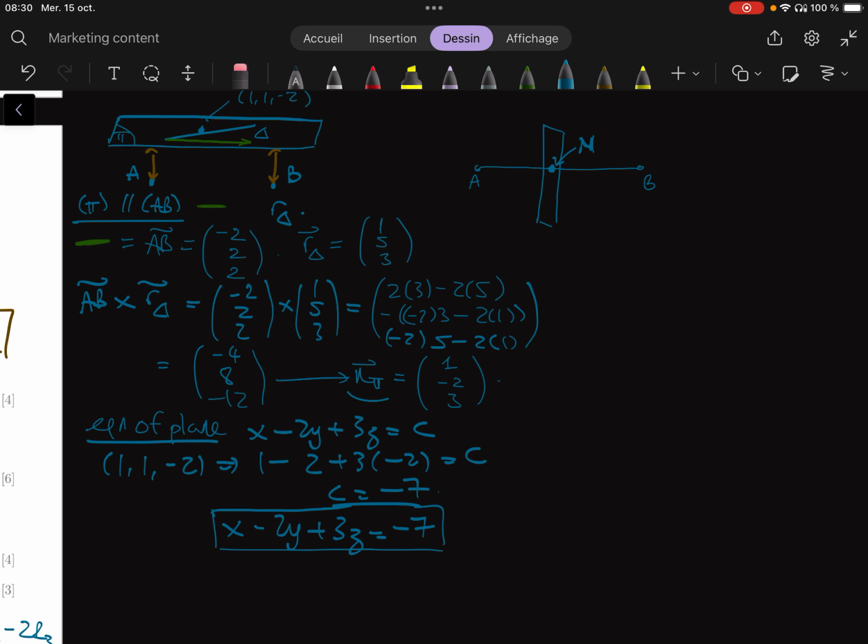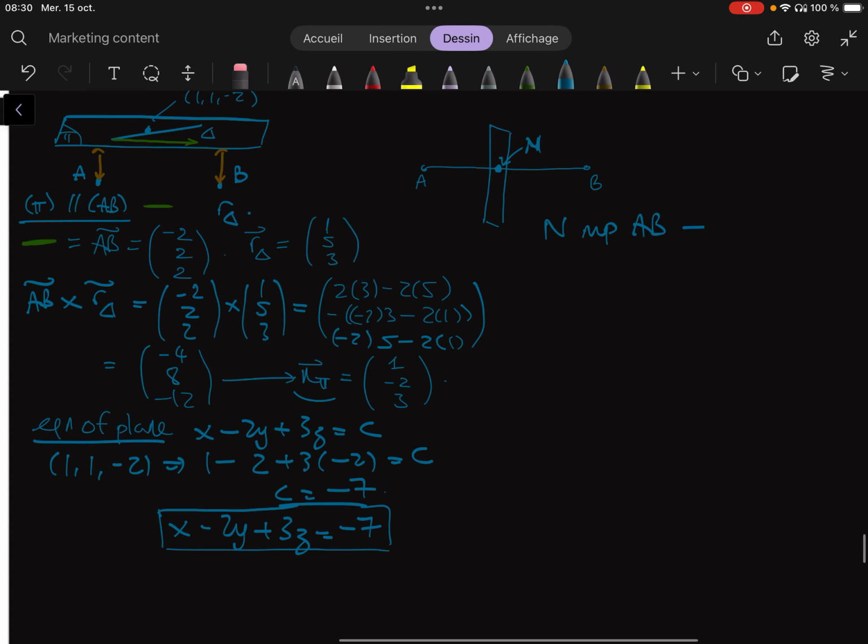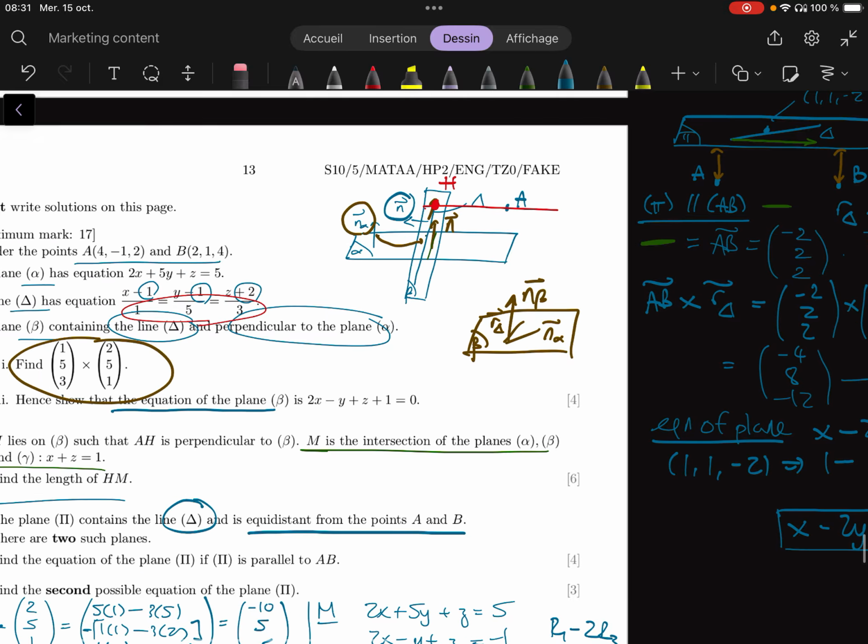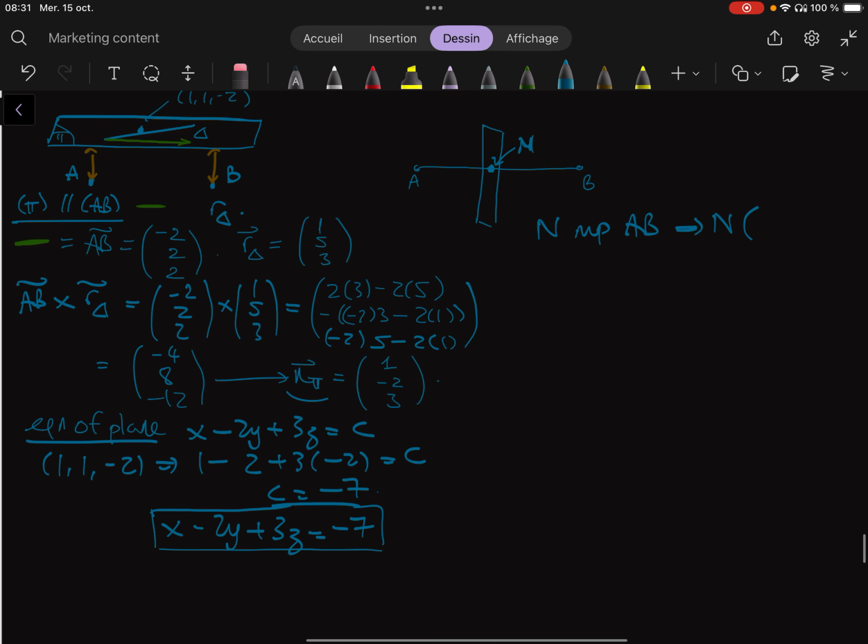The last part. So this is actually a lot easier. We know that N is the midpoint of AB, so we can read off the coordinates of N straight away: (3, 0, 3). Because the plane is perpendicular to AB, AB is also the normal of the plane.